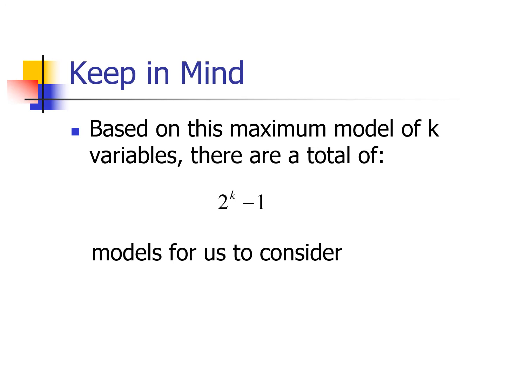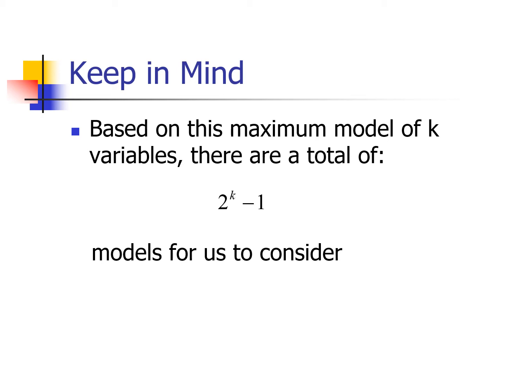Now, once we've figured out what that k is, then we essentially have a total of 2 to the power k minus 1 models that in theory we could consider. So say that we have 10 variables and we ask ourselves, if I have 10 variables, how many models are possible for us to look at?